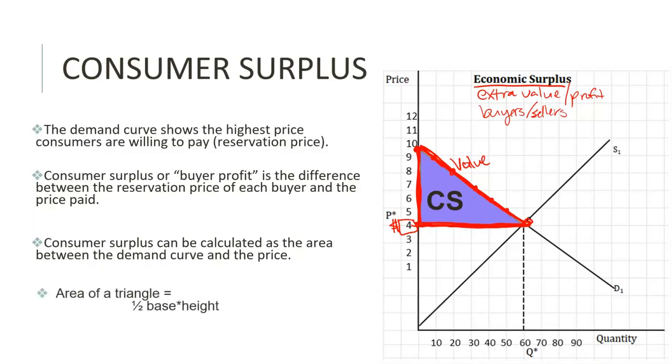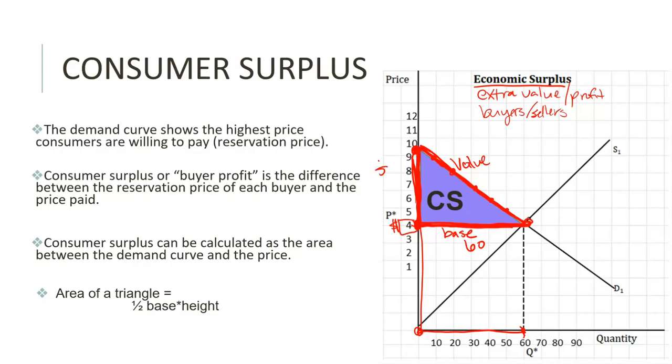We're going to use the area of a triangle formula, which is 1/2 times the base times the height. So in this case, the base is this horizontal distance. So it's however far it is from here, which is 0, all the way to the equilibrium, which is 60. So our base is 60. Our height, we're going to go from $4, that equilibrium price, all the way up to 10, where it hits that axis.